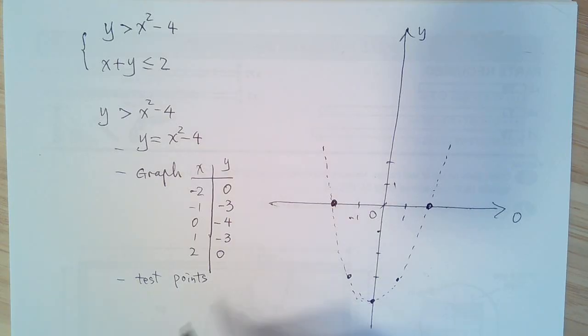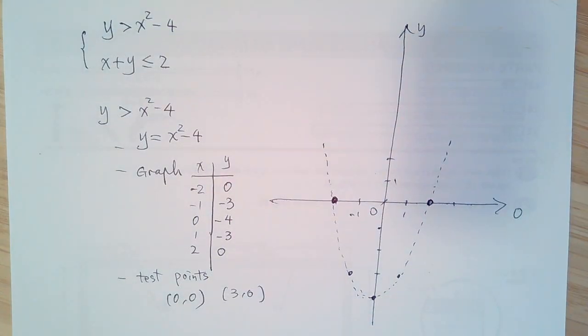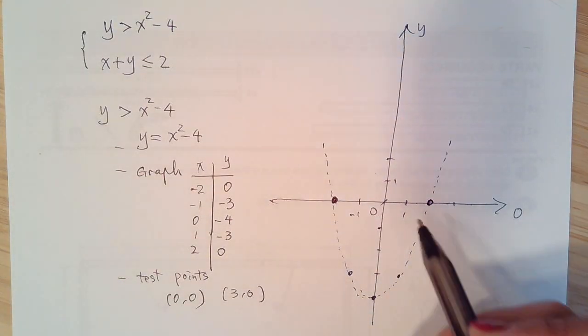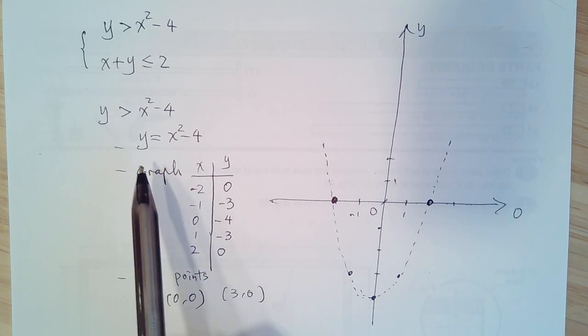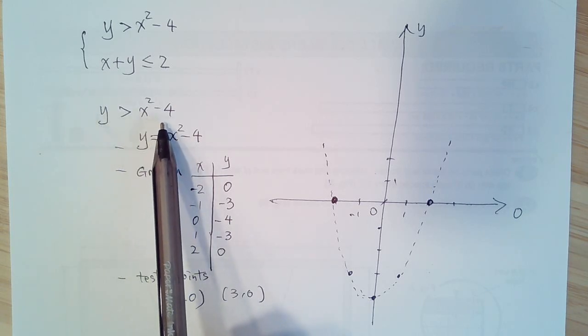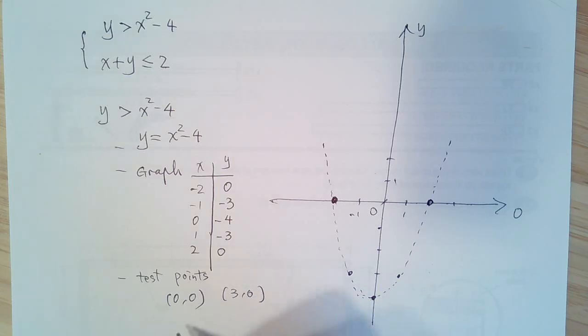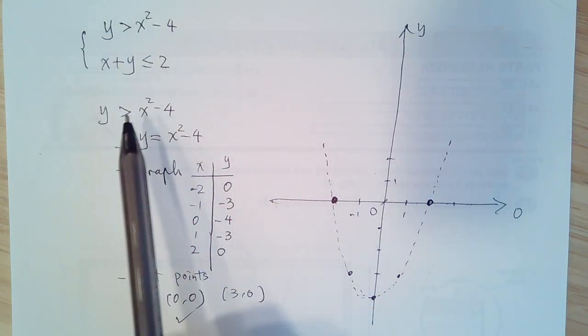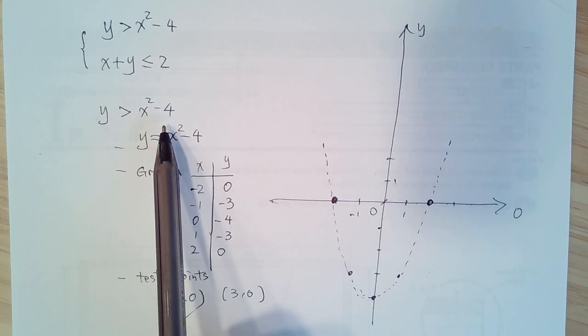Okay, so inside, I'm going to choose 0, 0. And for outside, I can just choose the point here, which is 3, 0. Okay, so once you choose 0, 0, you plug that in here: is 0 greater than 0 squared minus 4? Yes, so 0, 0 works. And what about 3, 0? 3 squared is 9, 9 minus 4 is 5.